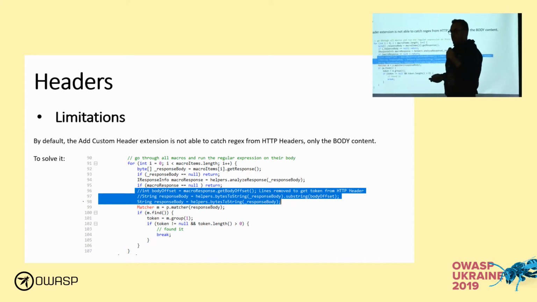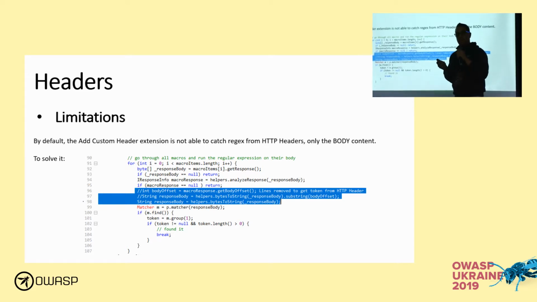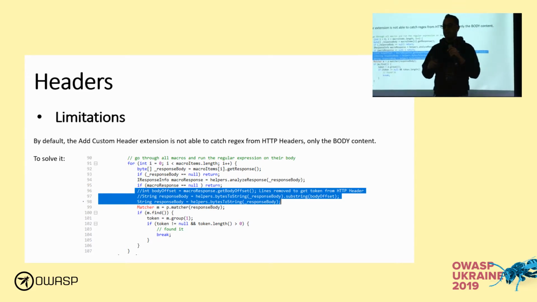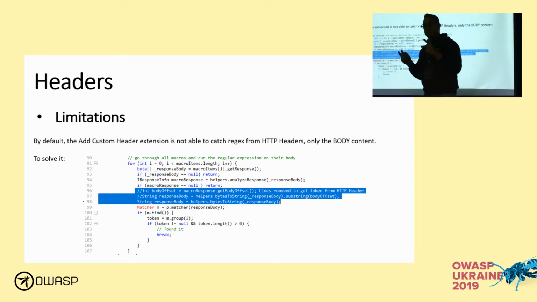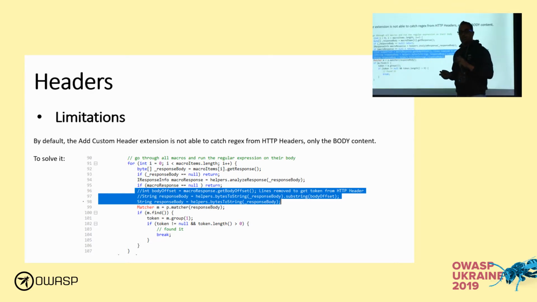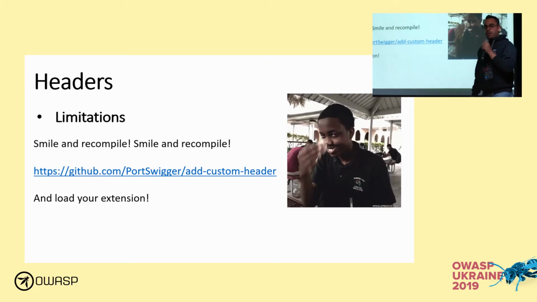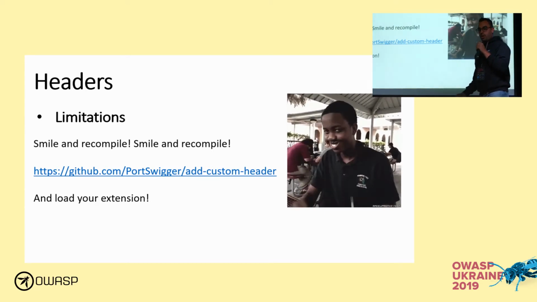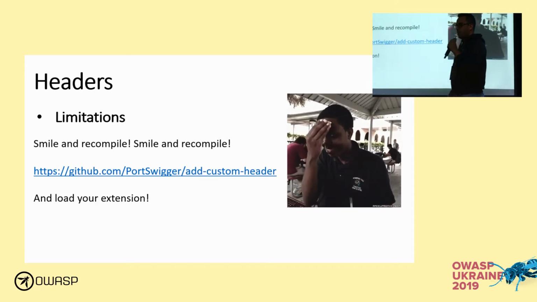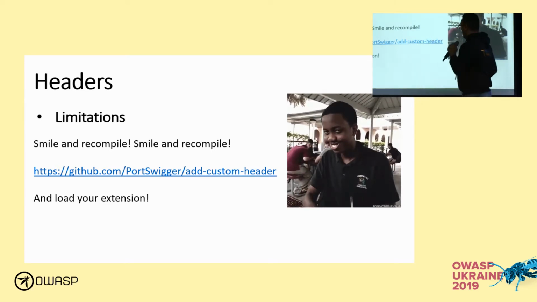The second limitation is you can add only one header, so if you need two dynamic headers, you cannot do it right now, but the idea is to update it, okay? So I had to change the code and recompile it and load it in your Burp.